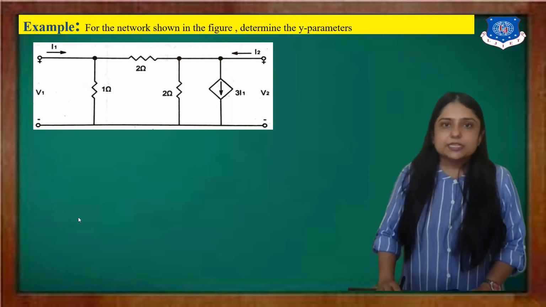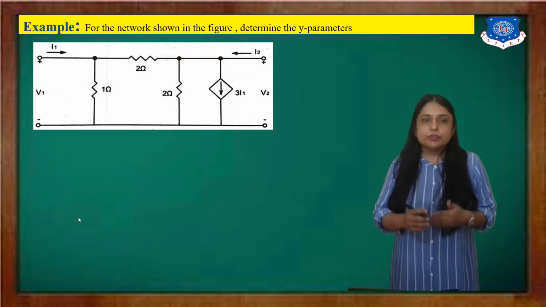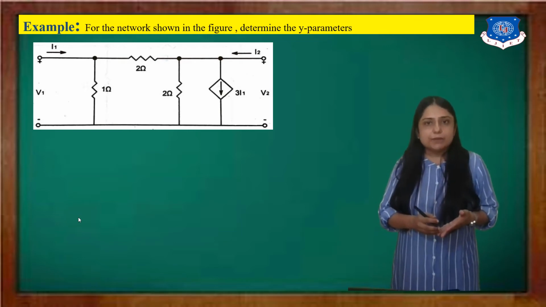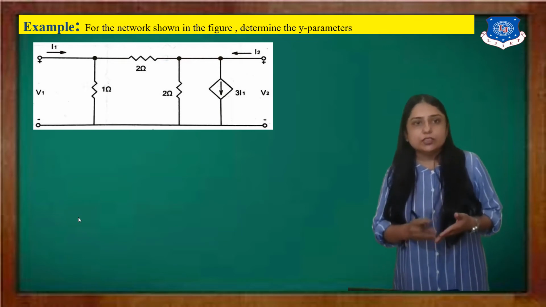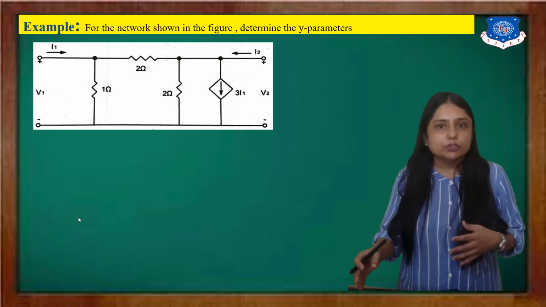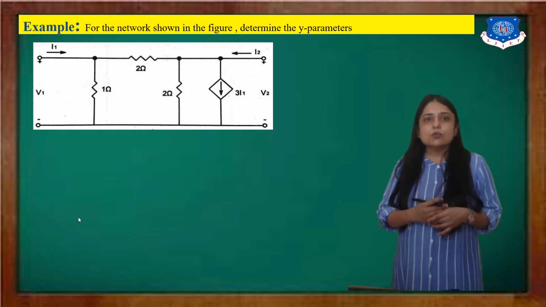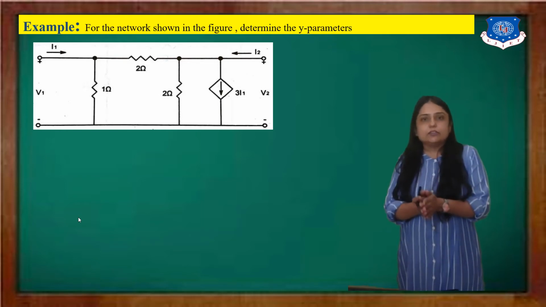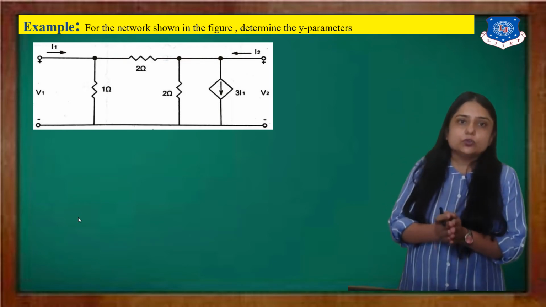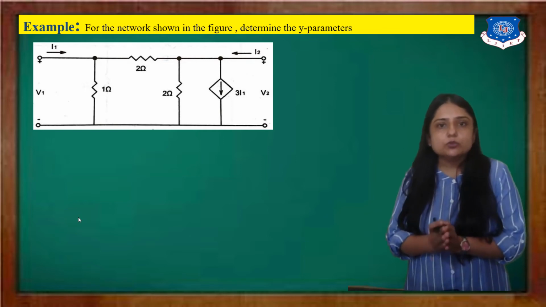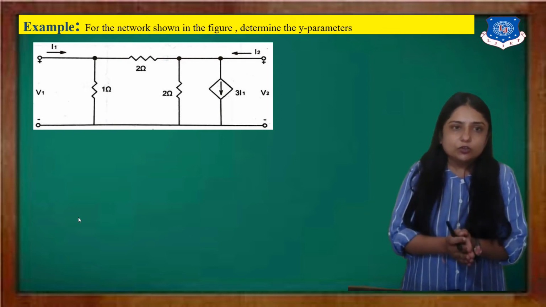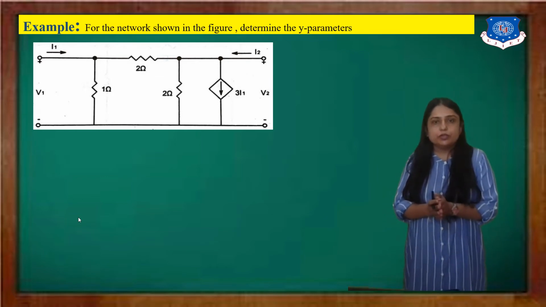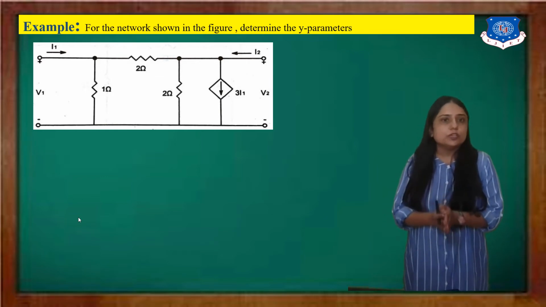If you remember, in the Z parameter we write the loop equations, because the equations are V1 equal to something and V2 equal to something. But in the case of Y parameters, my equations are I1 equal to Y11 into V1 plus Y12 into V2, and I2 equal to Y21 into V1 plus Y22 into V2.